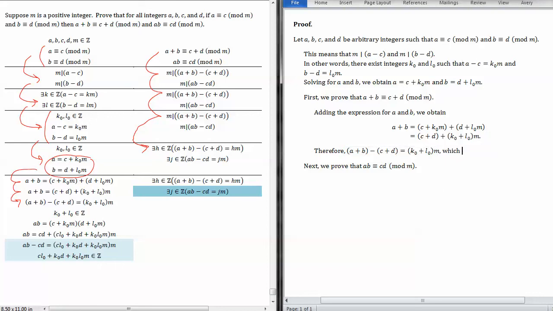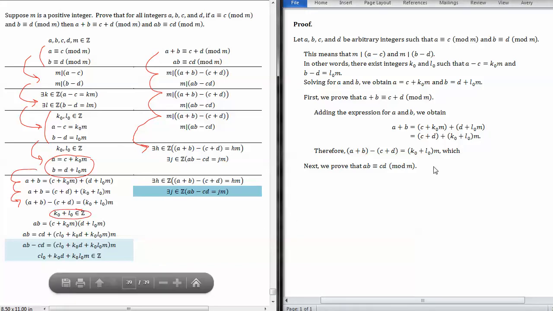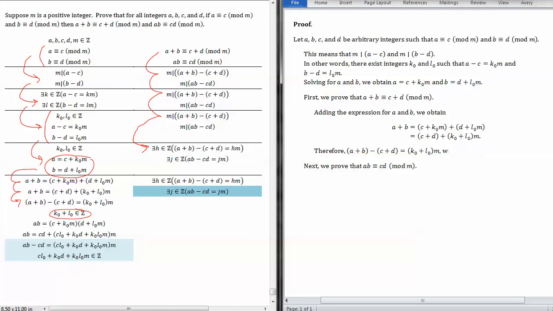Together with the fact that k naught plus l naught is in Z, because k naught plus l naught is an integer, it follows that m does divide a plus b minus c plus d.